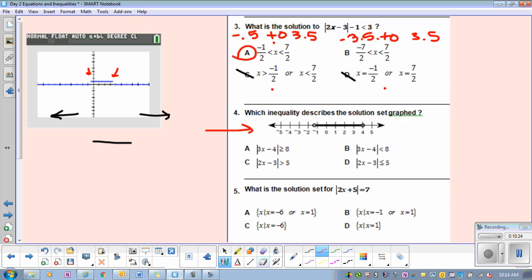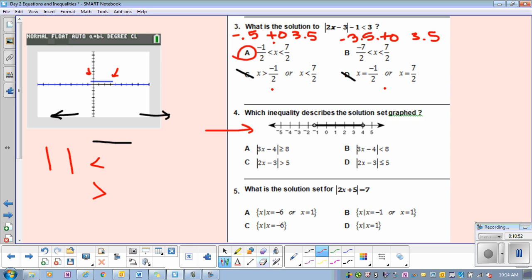So remember, if you get your absolute value all by itself, if you have a less than, then this is a less than and, right? If you have a greater than, then this is a greater or, right? So that gives me a hint. Maybe I need to look at less than.